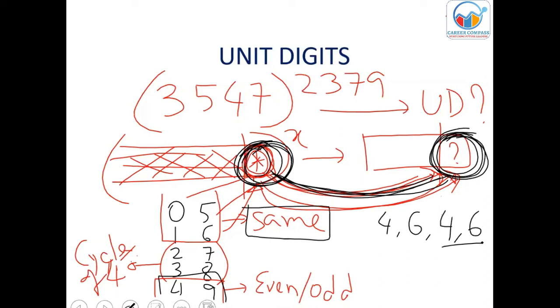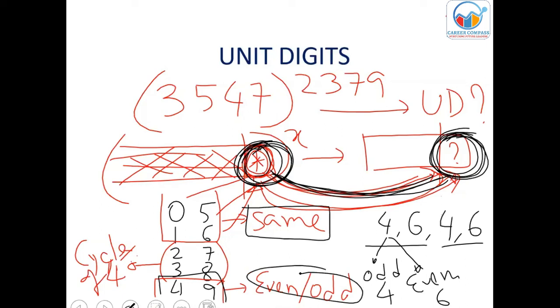So it will go on this way: 4, 6, 4, 6. It will toggle between 4 and 6. Hence, every odd power of 4 will end by 4 and every even power of 4 will end by 6. Which is why I have written even and odd.